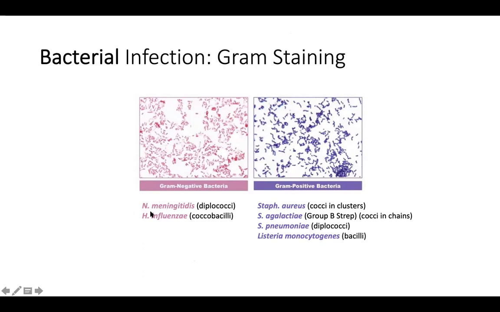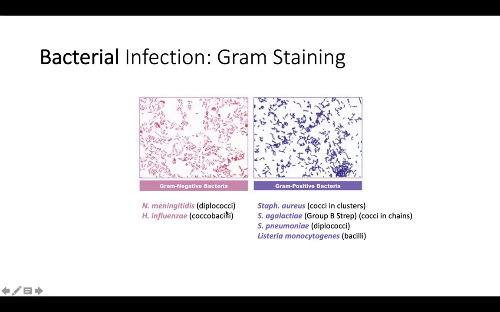So they still ask it on Level 2 boards. They'll say that they have a diplococci, and they want you to know, when we talk about meningitis, that it's Neisseria. So make sure you know these shapes and colors. They'll say it's a pink diplococci. So you have to know it's Neisseria meningitidis. They won't just tell you it's Neisseria. So make sure that you know that.